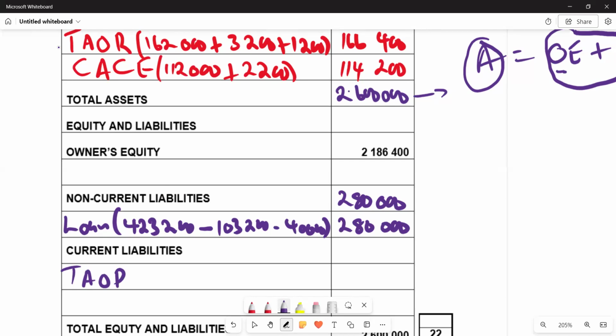So the components or elements of trade and other payables: we have got creditors control is one of them. And then we check for accruals or expenses. And then also we check for prepayments of income. So we go to the list of balances that we are given and check for those.